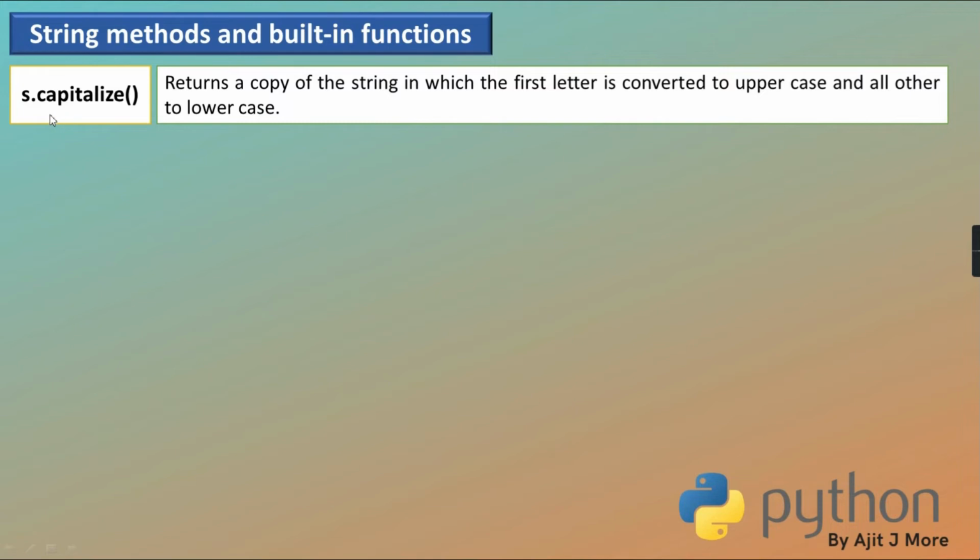Those who have used string functions of C, in C also we have abundant string functions in string.h, those string functions do change the original string. Getting it? So s.capitalize returns a copy of the string in which the first letter is converted to uppercase and all others to lowercase.